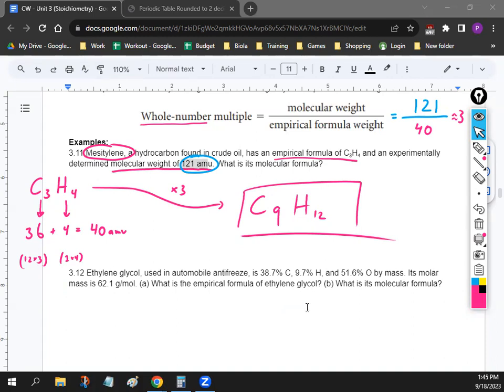If you want to double check your work, you can find the molecular weight of this, and it should be about 121. All right, so that's how to find the molecular formula from the empirical formula.